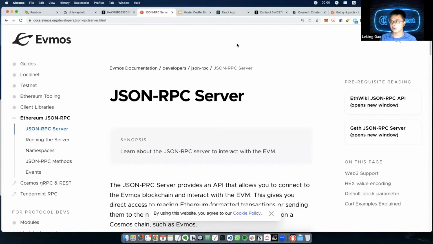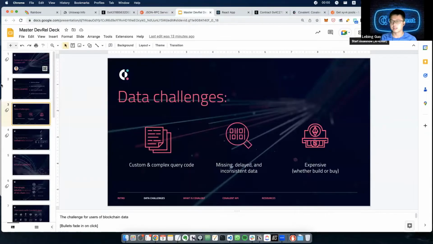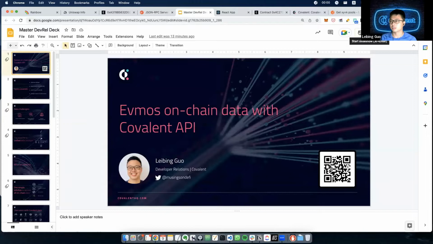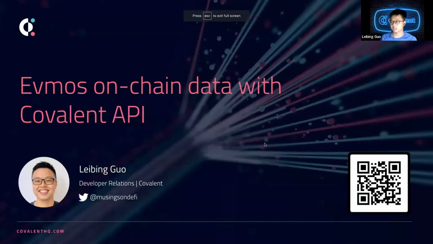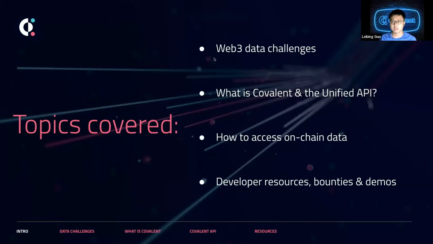But then what is Covalent's product? Why do we feel like we need to still have an additional service? That's what I'm going to try to go through with you guys today, and hopefully you can take away some stuff.